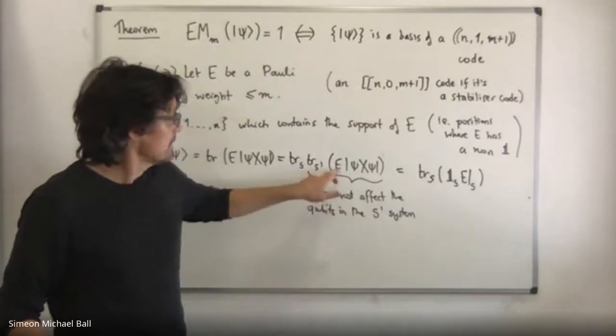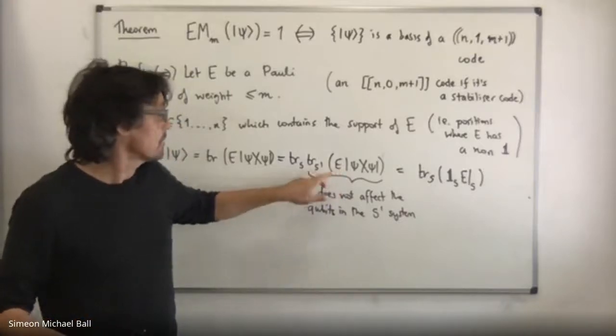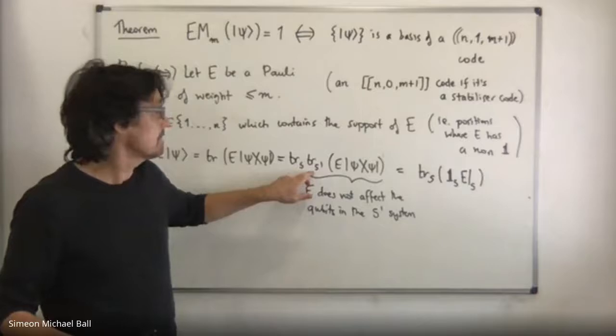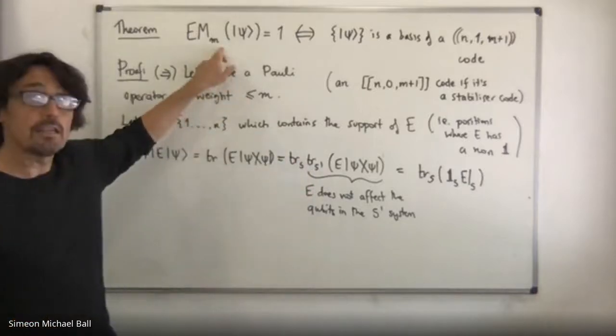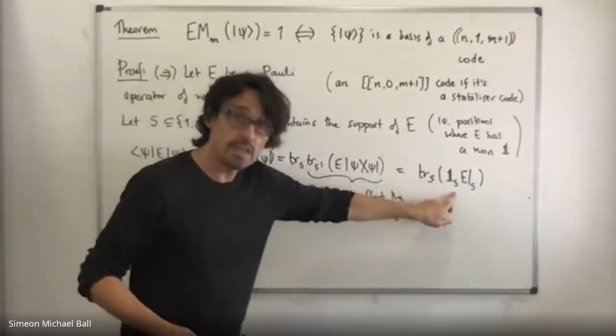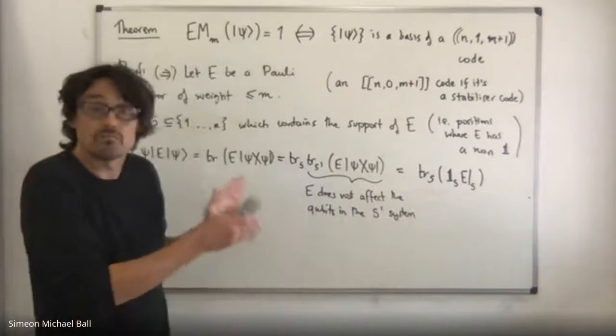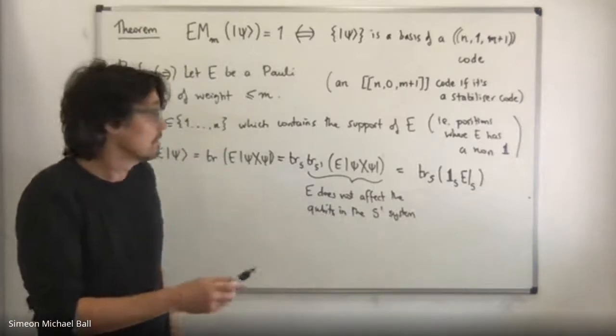So on the S prime system, E just has identity operators, so it doesn't do anything to it. When we trace over the S prime system, knowing that the entanglement measure is equal to 1, we get a maximally mixed state on the S system, and we still have E there, but restricted to the S particles.